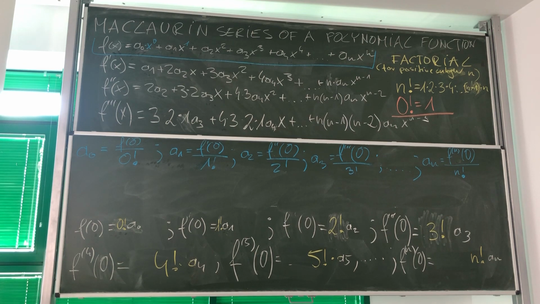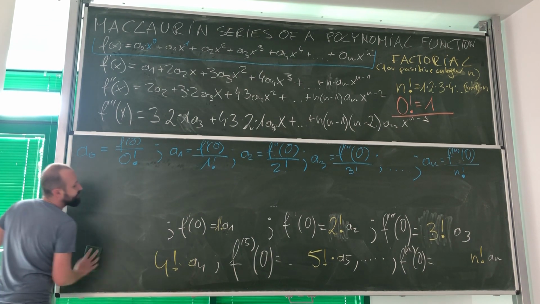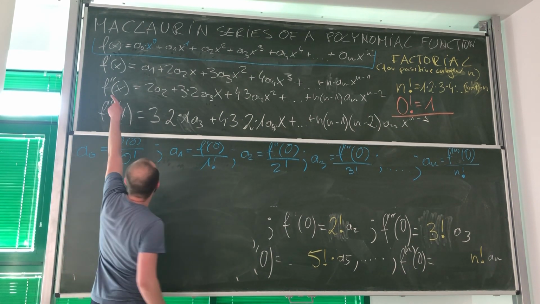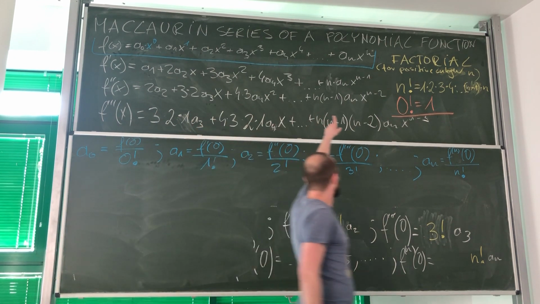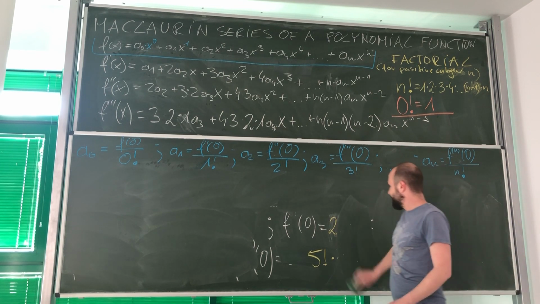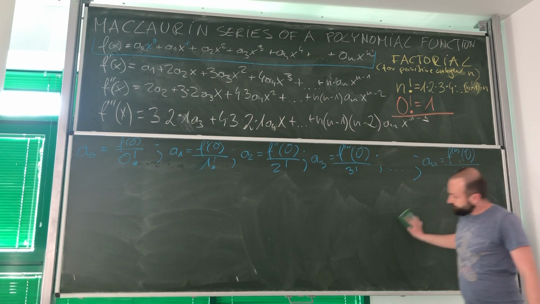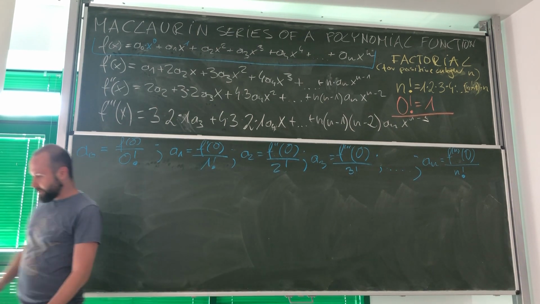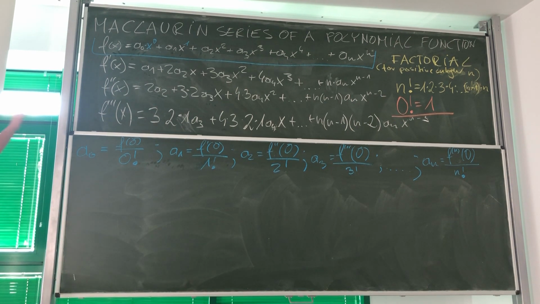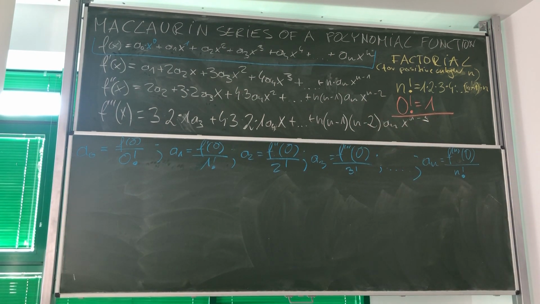Okay, so what have we established thus far? Well, what we can see over here is that we take the original polynomial function, we differentiate it enough times, and now we are able to rewrite exactly the same function completely in terms of its derivatives.